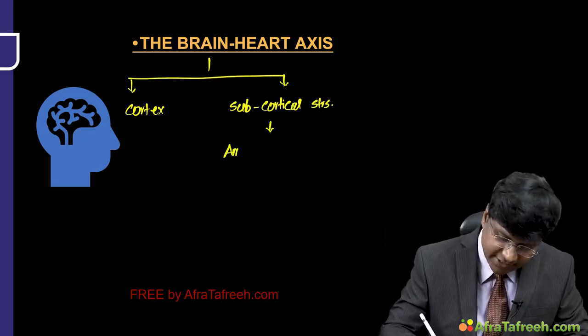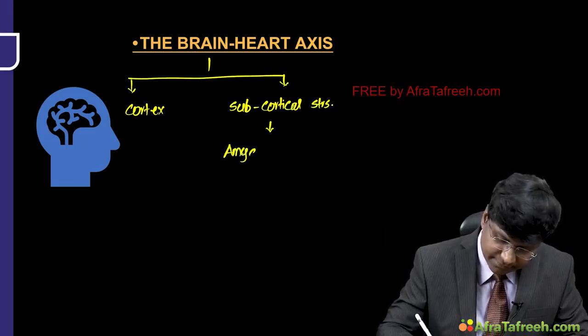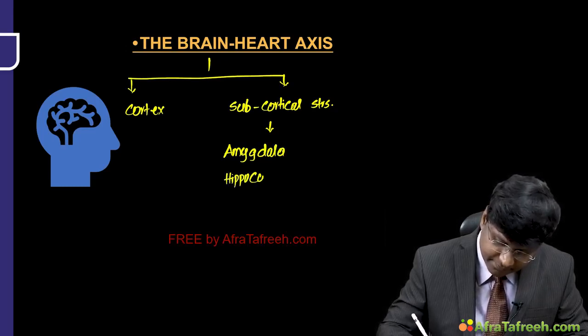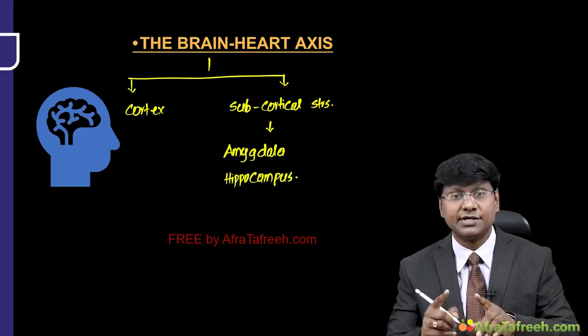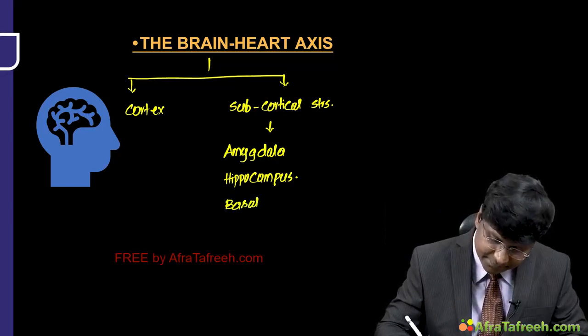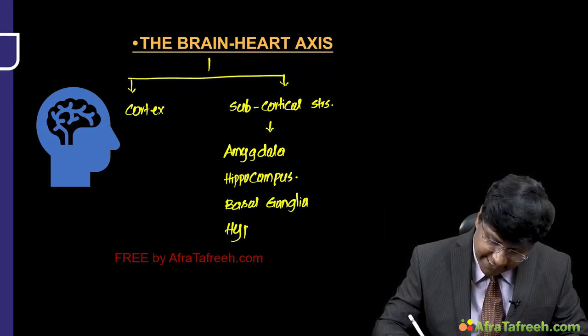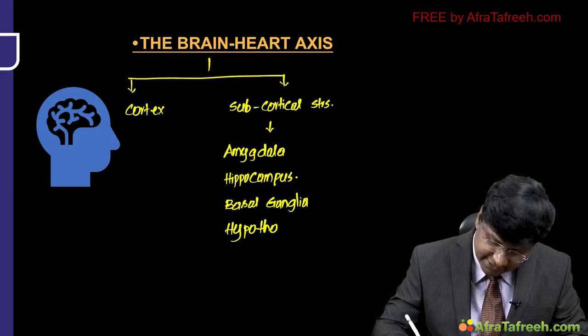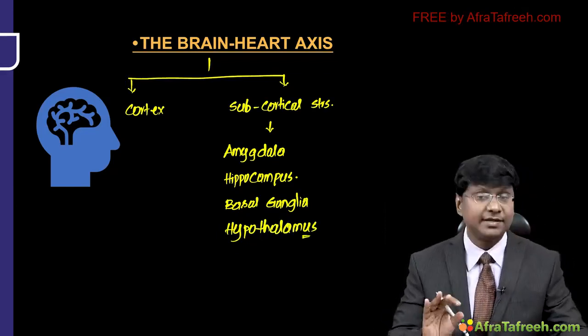These subcortical structures include the amygdala, next the hippocampus, and the next important structures are the basal ganglia and hypothalamus. So these are the subcortical structures which are affected in the brain.